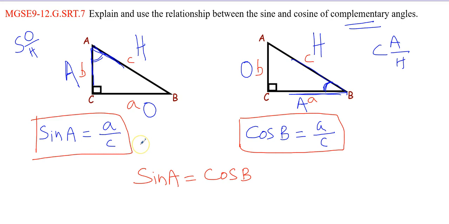Now what is the reason for those two ratios to be equal here? Because this angle A and angle B are related. Do you know what the relationship between them is? Let us see.